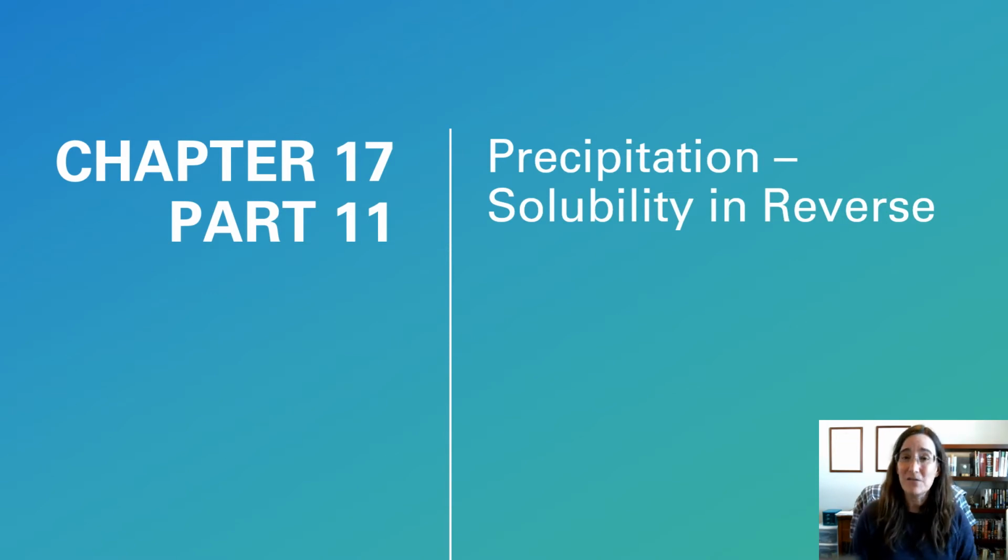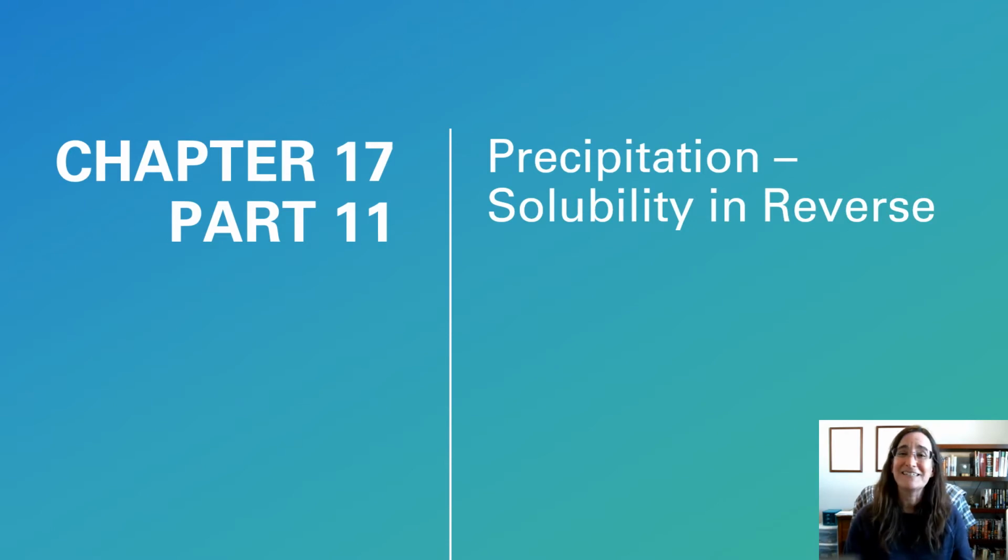If Q is bigger than KSP, then the compound will precipitate out. If Q is smaller than KSP, then everything stays dissolved, because if it were possible, the reaction would go in the forward direction, and so if any solid were present, it would all just dissolve up until Q equals KSP.